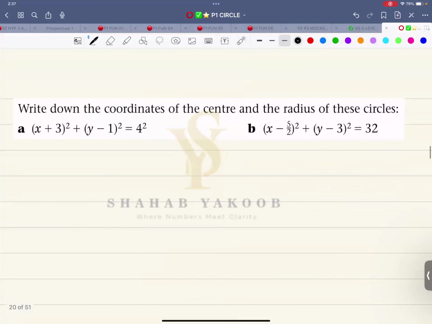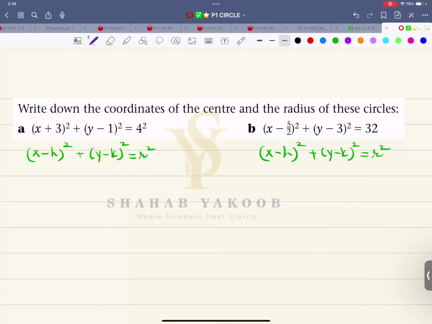Now over here, write down the coordinates of the center and the radius of these circles. So all we have to do is write underneath it x minus h whole square plus y minus k whole square is equal to r square.